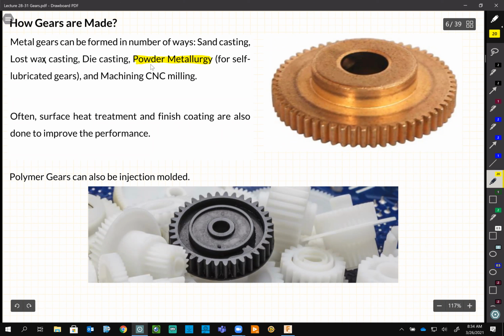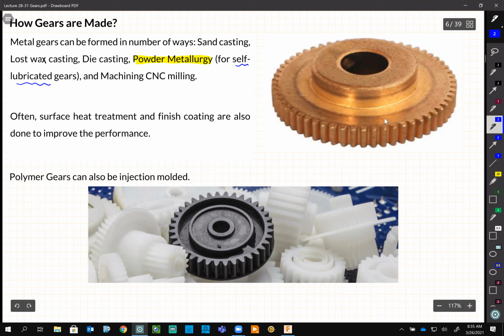So the way it works, you make the metal, you transfer the metal to a powder, which can be done easily. And now you compact the powder into the shape that you want, and then you put it in an oven, you cook it. And it's good when you are making self-lubricated gears, like the one that I show on the left here.